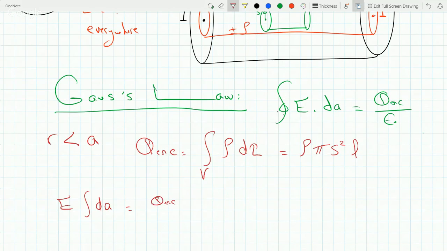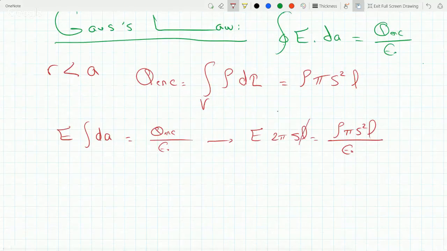The area of the cylinder is 2 pi S L. So E 2 pi S L equals rho pi S squared L over epsilon.